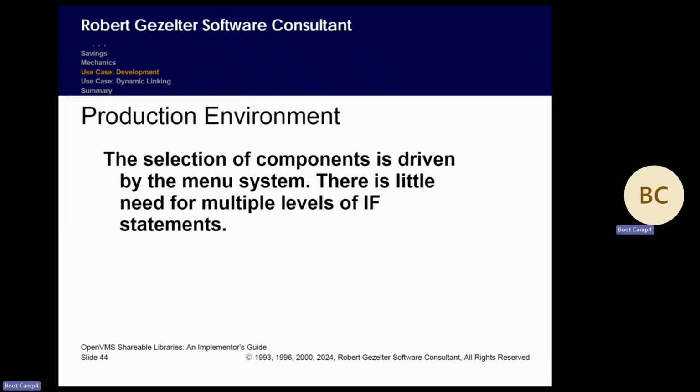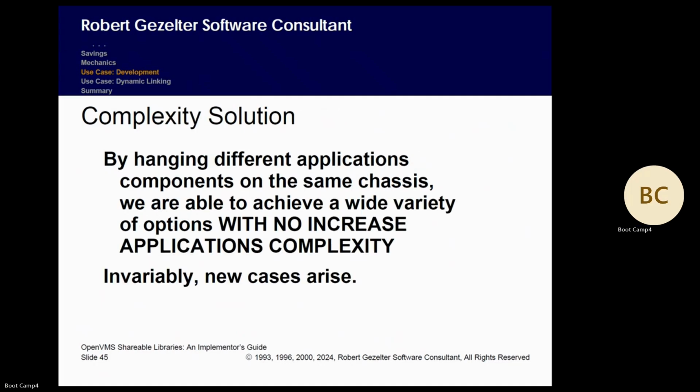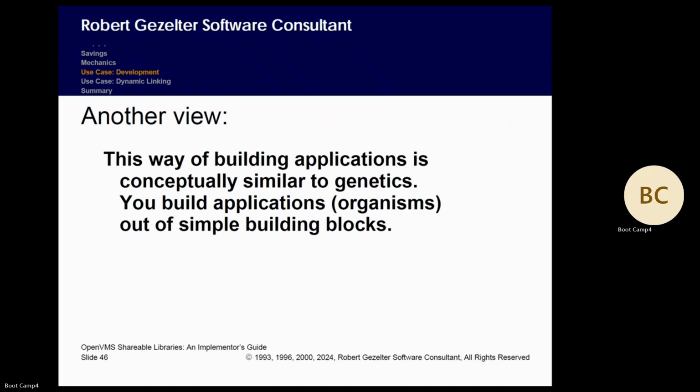Very easy to write DCL using things like the locate lexical function and check using file verifies to make sure the pieces are where you think they are. It's as simple as can be. The complexity is obviously not exponential. You build applications, particular instances of applications, with simple building blocks that are vetted against a common standard.